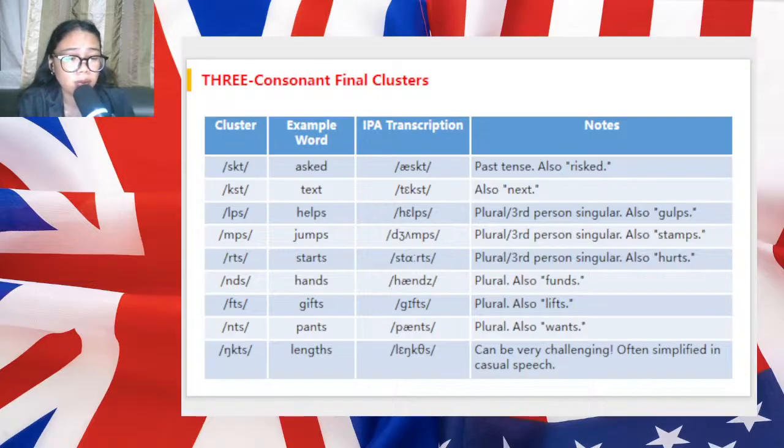I'm not really sure, but I'm just going to use the formal one. We also touched on how some of the consonant cluster types, particularly the longer ones, might naturally be simplified in everyday, casual speech.